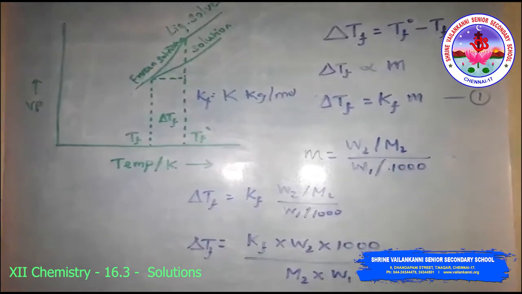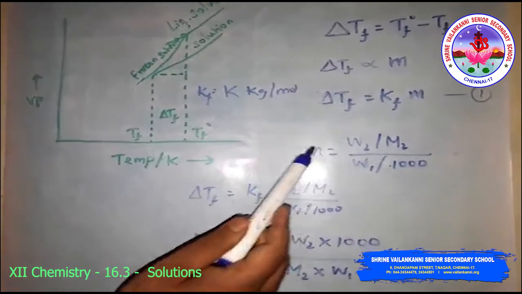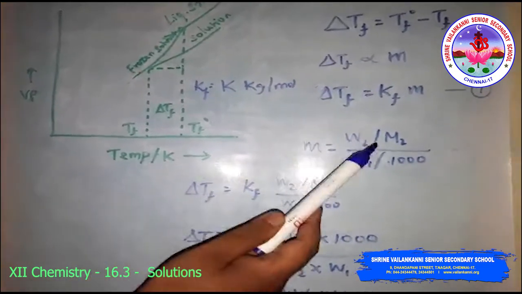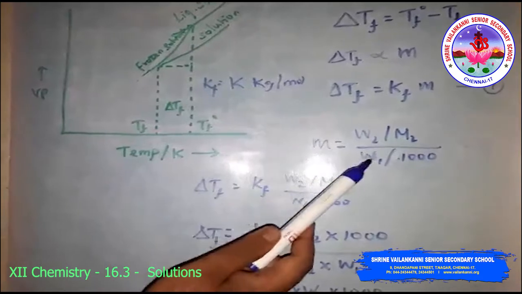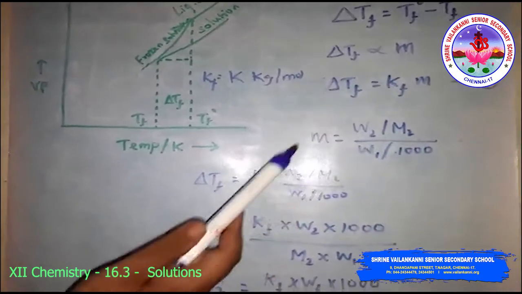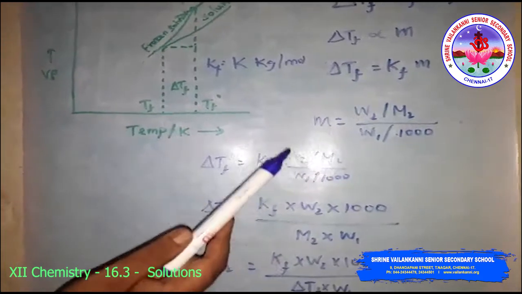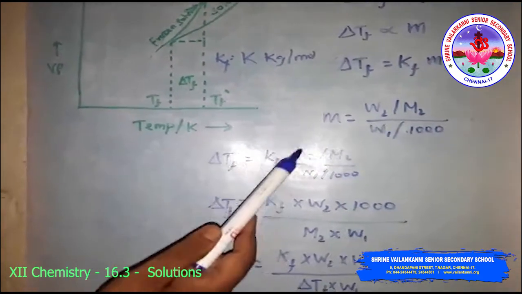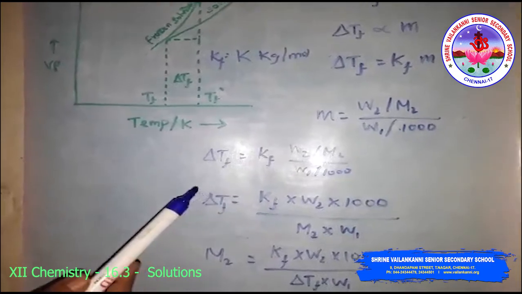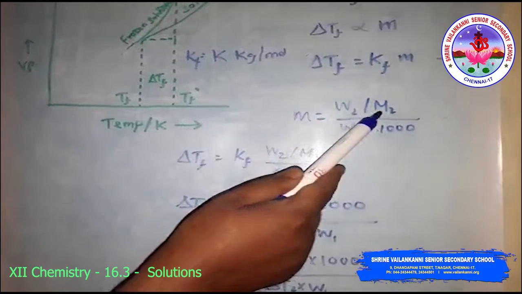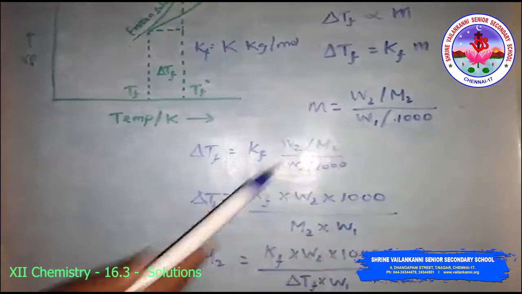Now, if W2 gram of the solute having molar mass M2 present in W1 gram of solvent produces the depression in freezing point delta Tf of the solvent, then the molality of the solution is given by, as we already know, m is equal to W2 divided by M2, divided by W1 divided by 1000.